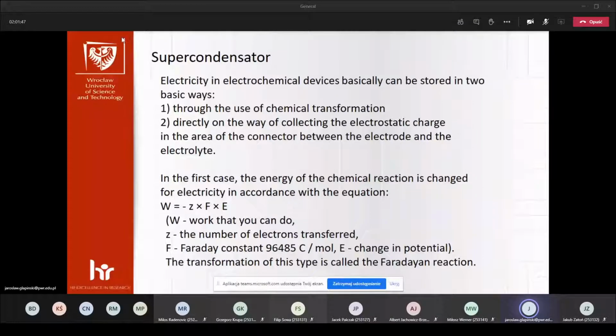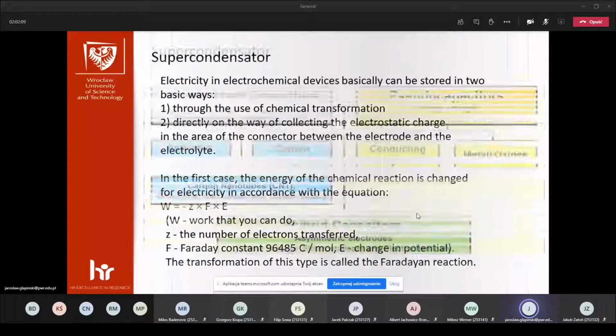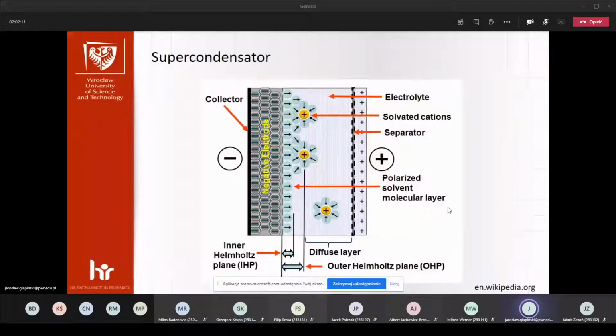So in general, the ability to store energy using such elements is very, very high nowadays, and they are going to be used more commonly in our devices to store more or less energy inside. Okay, so generally this is two elements.